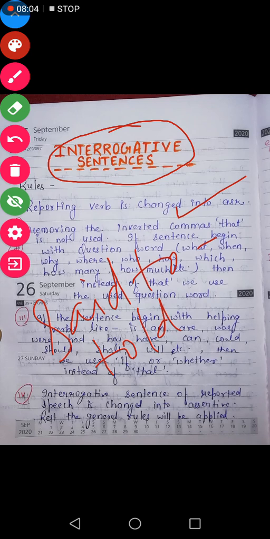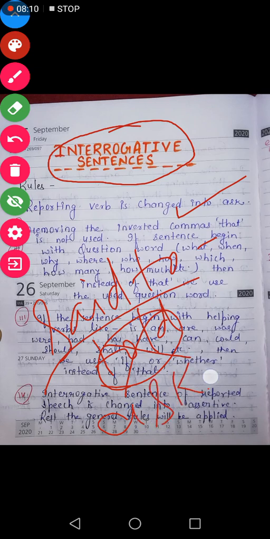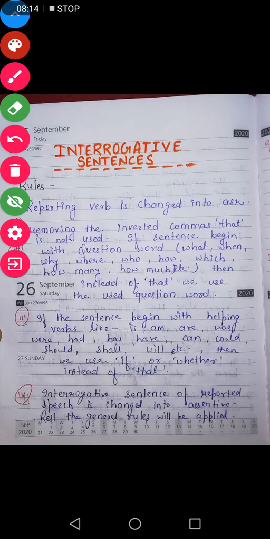But now the reporting verb will not be changed into told, rather it will be changed into asked. Then the second rule is about removing the inverted comma. Till now, when we removed the inverted comma of direct speech, we used the conjunction that. But now that will not be used.